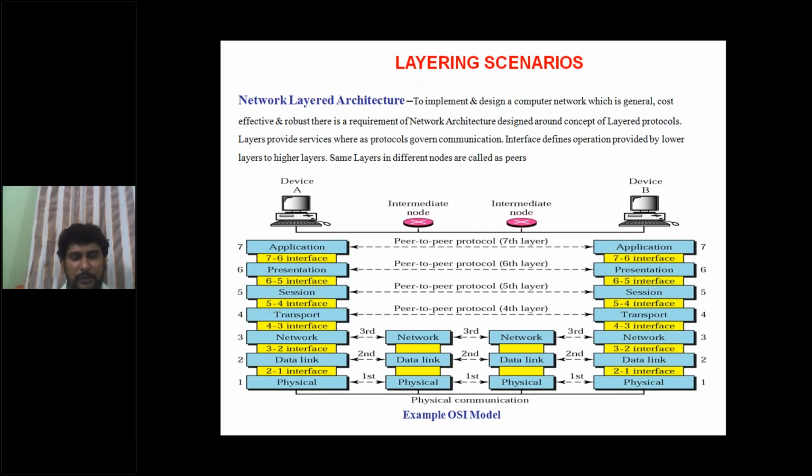And when your source and destination are very far away from each other, then definitely we need to have some intermediate devices which help us in transmitting the data. One of the best examples for the intermediate device are the routers, which we refer to as switches, right? So this is a simple way how a layered scenario exists and what are the different layers.